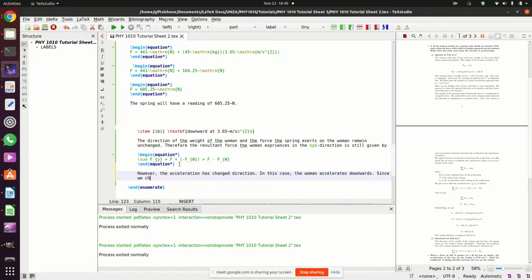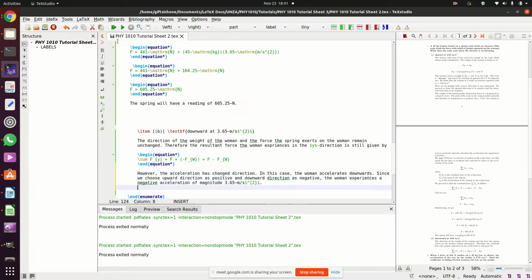Since we chose the upward direction as positive and the downward direction as negative, the woman experiences a negative acceleration of magnitude 3.65 meters per second squared.